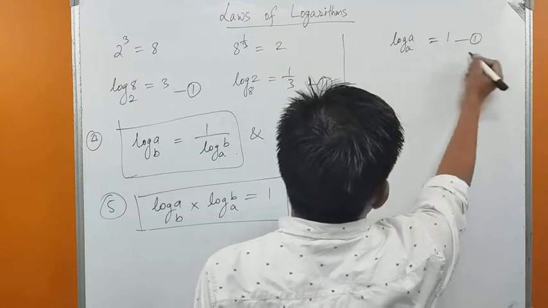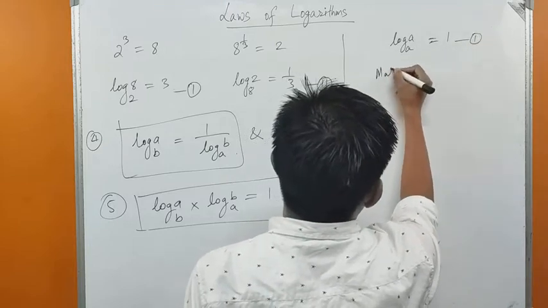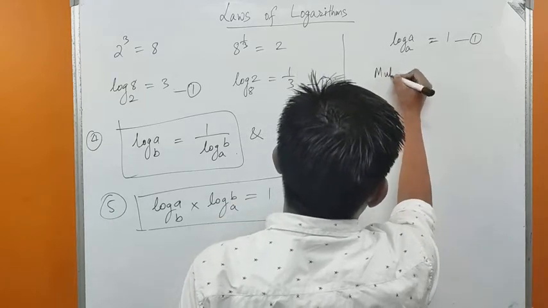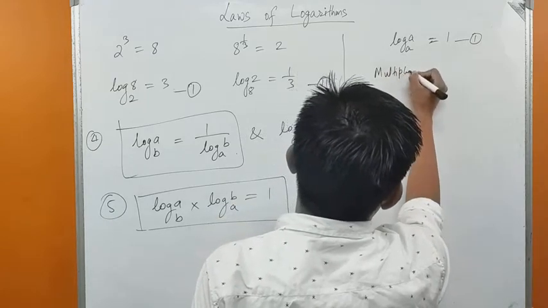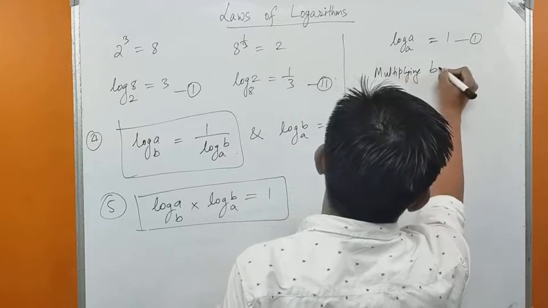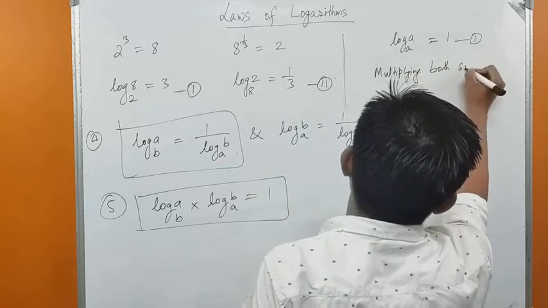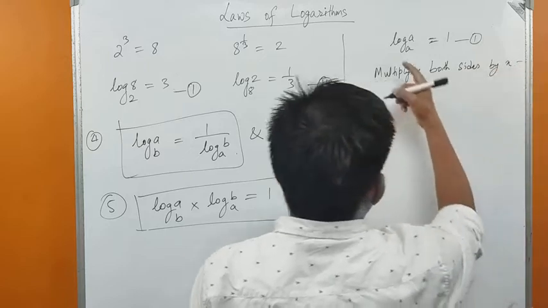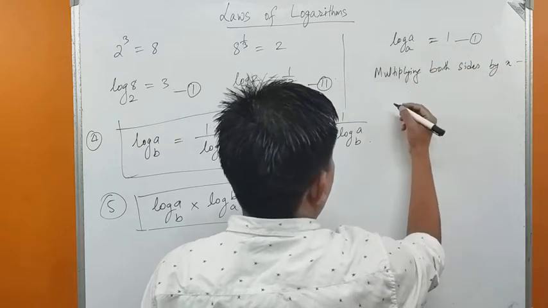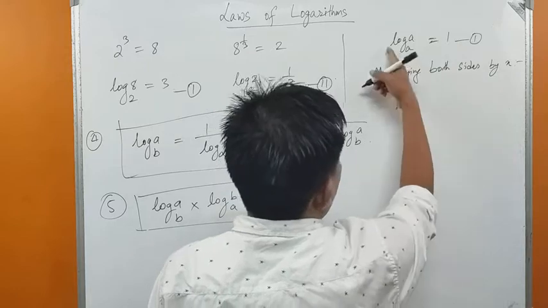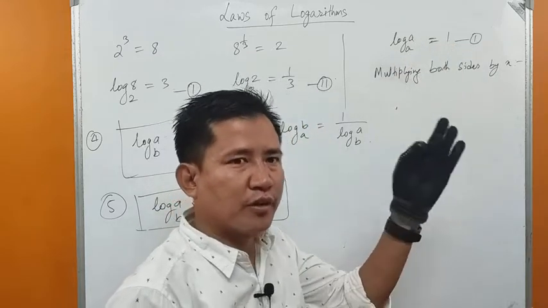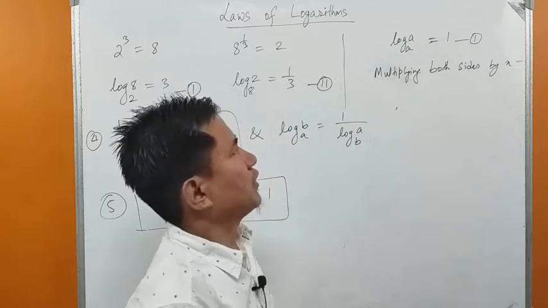We multiply both sides by x. We know this, isn't it? Log of a number to the same base is always 1.